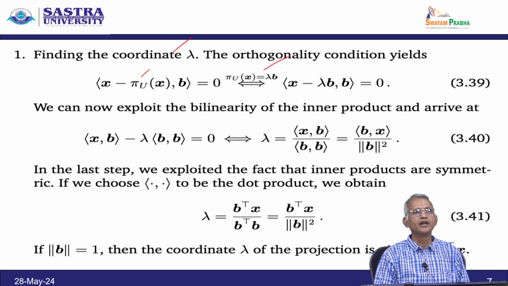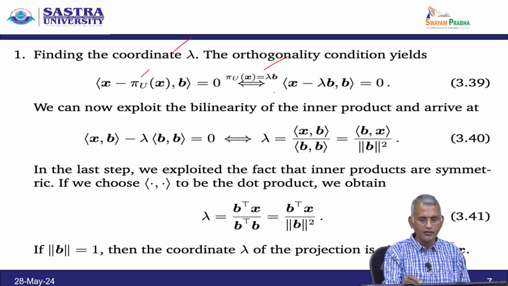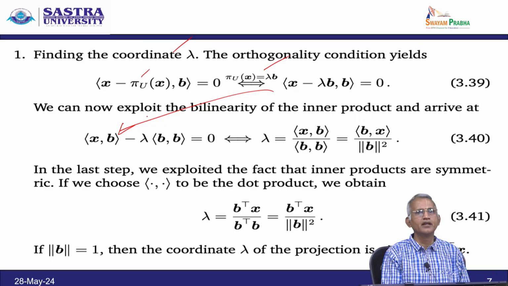Now from 3.39 you can split it into two inner products, that is, exploit the bilinearity of the inner product, and arrive at the inner product of x comma b separated and lambda b comma b separated; lambda is a constant, so take it outside.